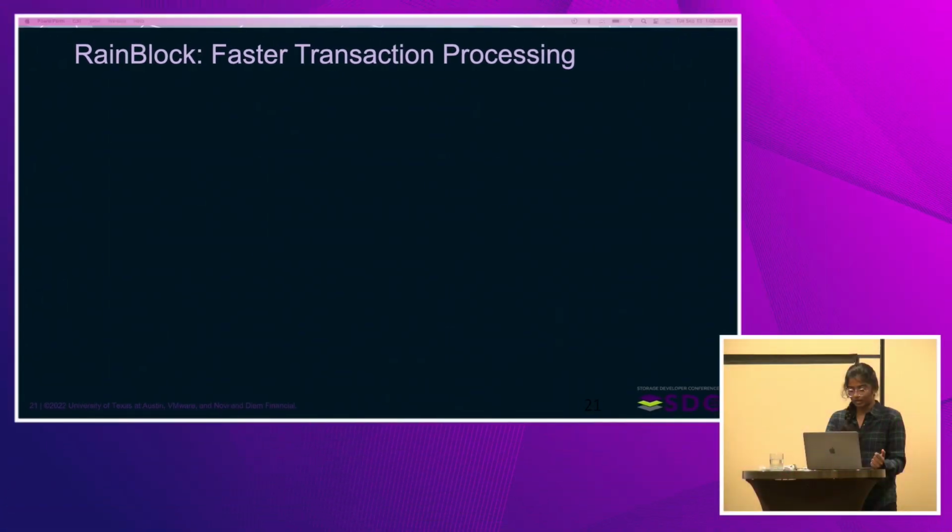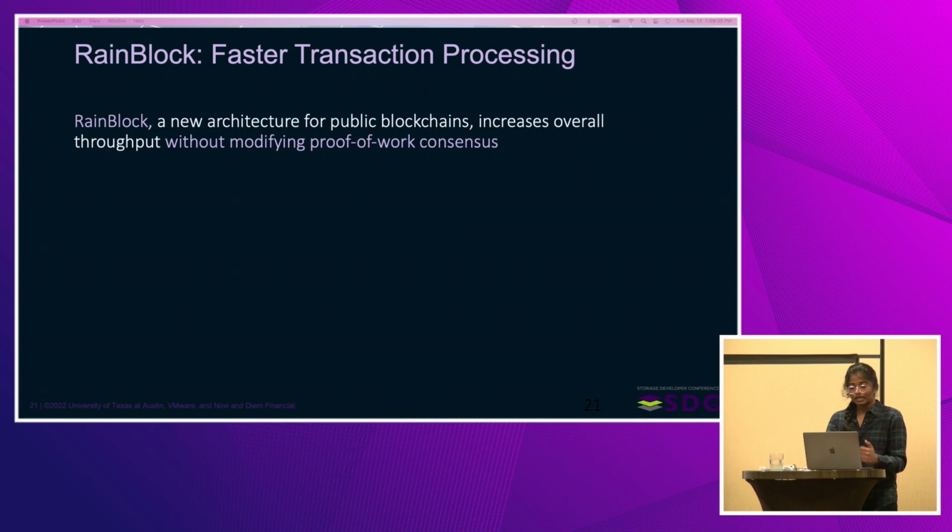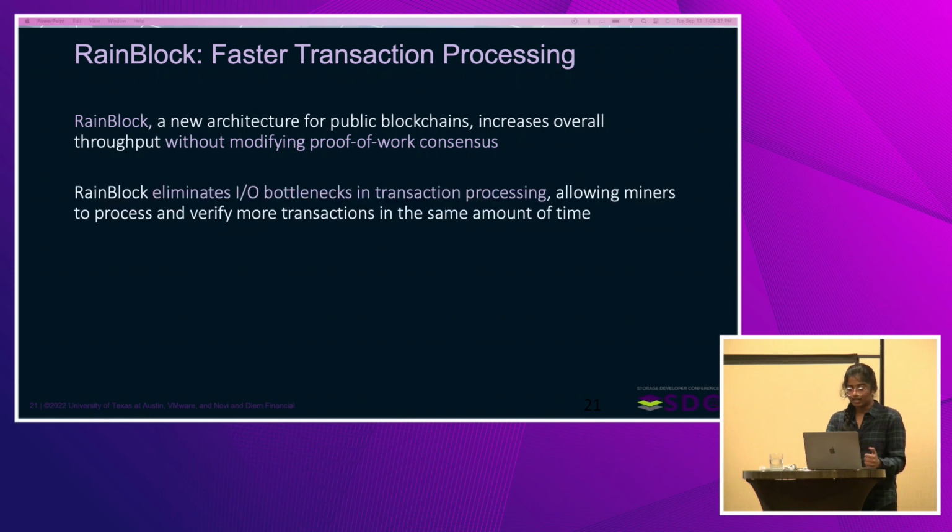With these insights, we propose RainBlock, a new architecture for public blockchains that increases the overall throughput without modifying proof of work consensus. RainBlock achieves higher transaction throughput by eliminating the I/O bottlenecks in the critical path of transaction processing and allows miners to process and verify more transactions in the same amount of time.